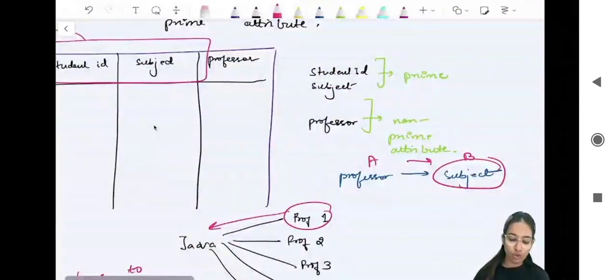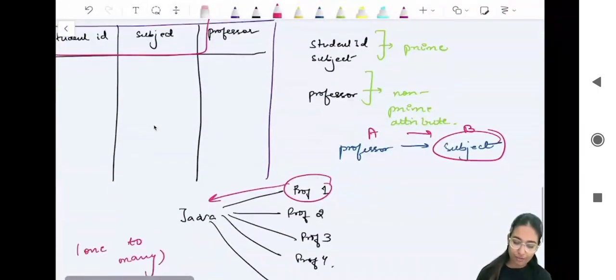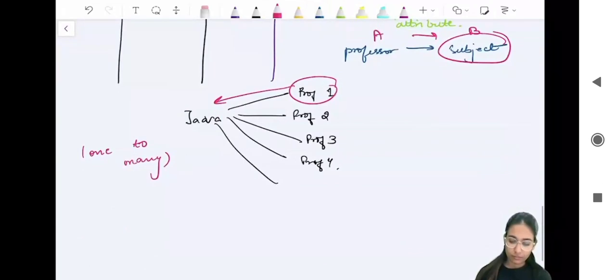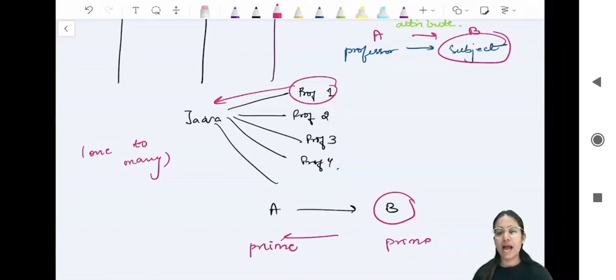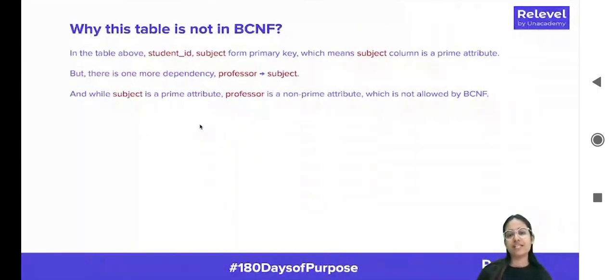And the rule was that if you have A to B, and if B is a prime attribute, then A should also be a prime attribute. But here you can very well see that subject is a prime attribute and professor is a non-prime attribute.